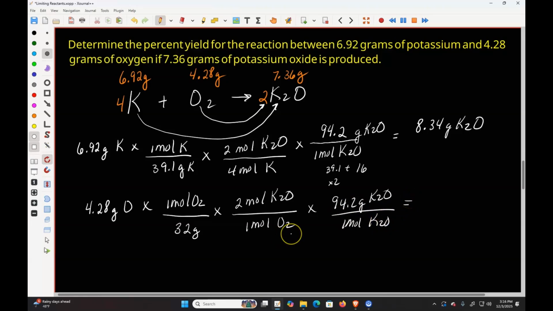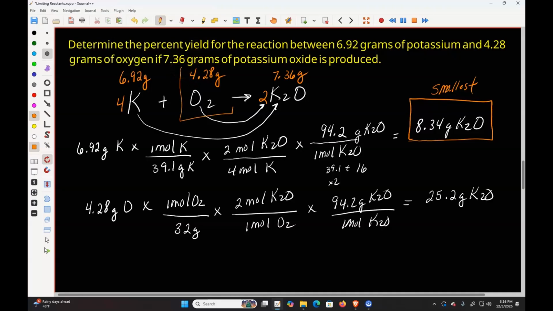All right, when I do the math, I get 25.2 grams of K2O. Okay, this one is much smaller. Since this is the smallest, that means this is my limiting here. So this is limiting.